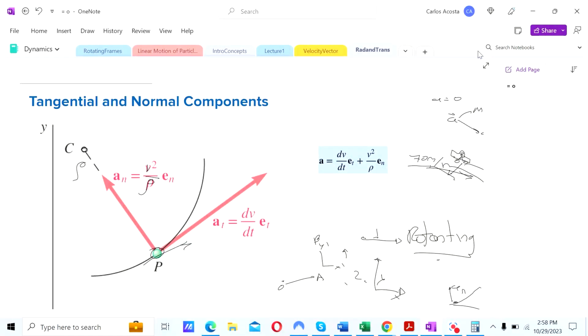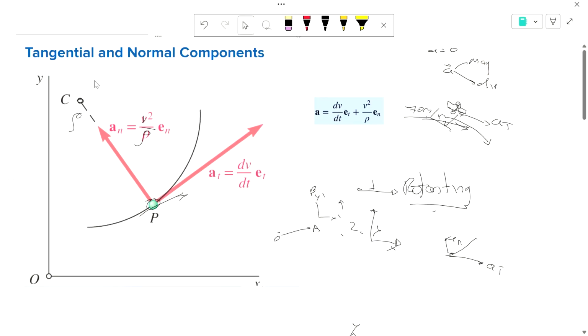So to summarize, when they ask about tangential and normal components, it's very simple. You simply have to find your instantaneous velocity, which is the change in distance with respect to time. So if they give you a function, if they tell you what is the velocity, if you have to measure it experimentally with distance divided by time, if you do average, you decide.